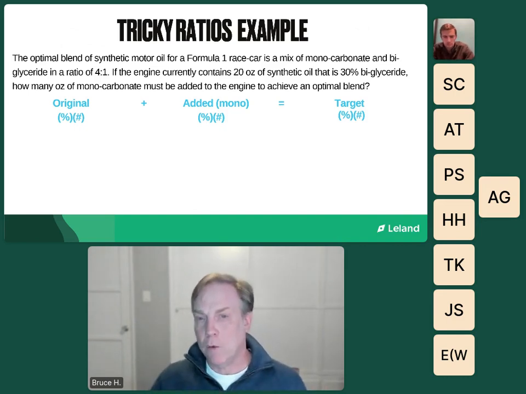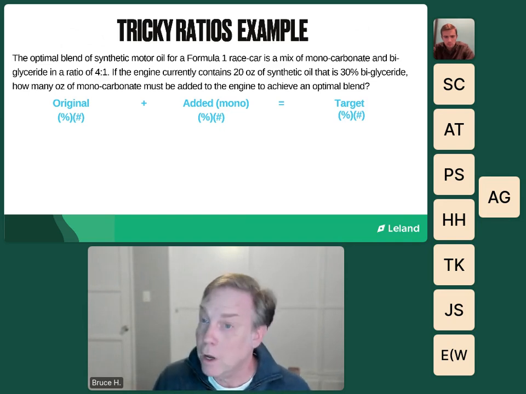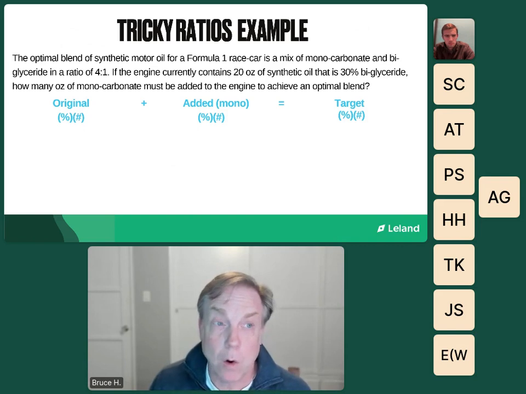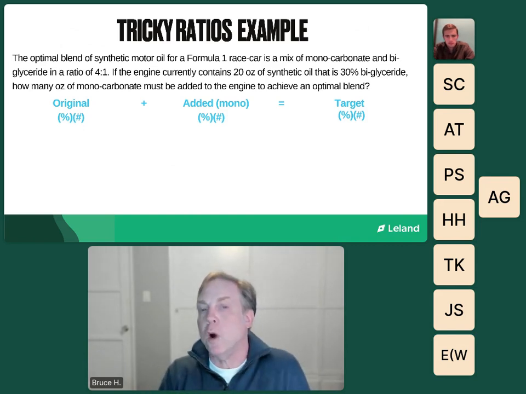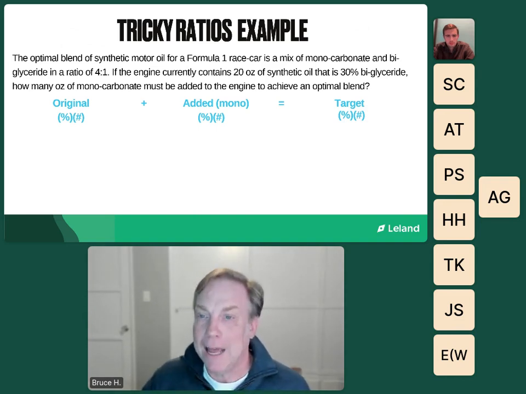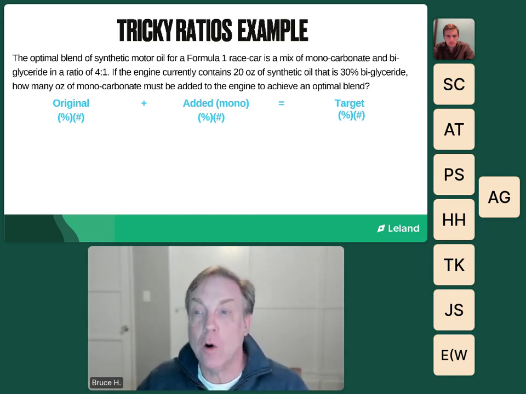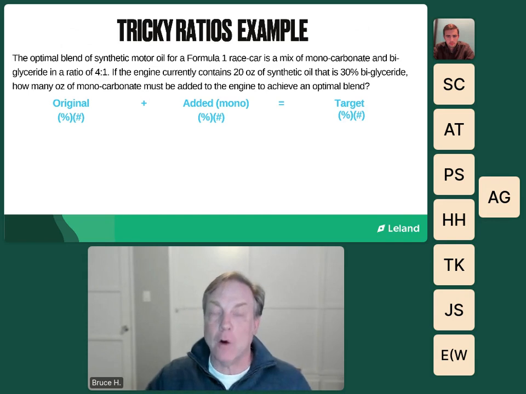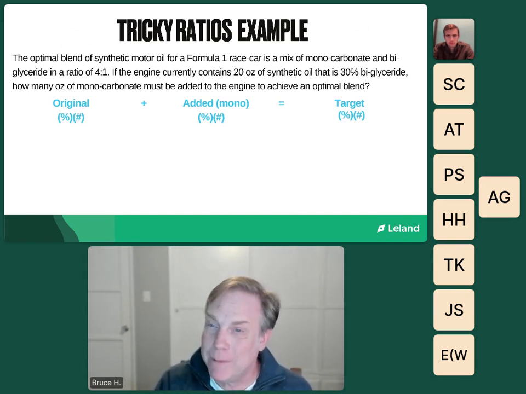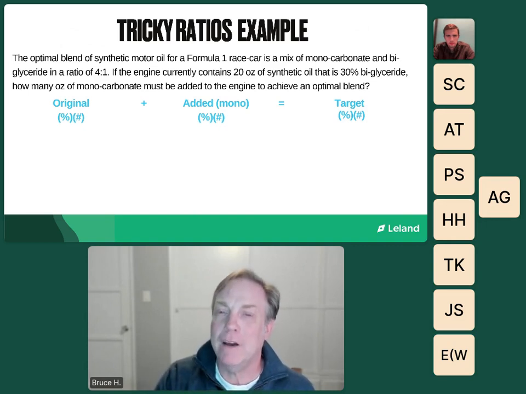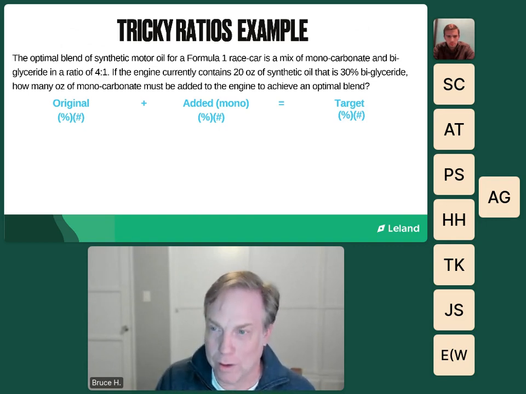Okay, the first thing I want you guys to do is ask yourselves, well, what is this about? Is this about monocarbonate or is this about biglyceride? Usually the giveaway is what are you adding? And we're adding monocarbonate. This thing is about monocarbonate. So every single ratio needs to be monocarbonate over total.